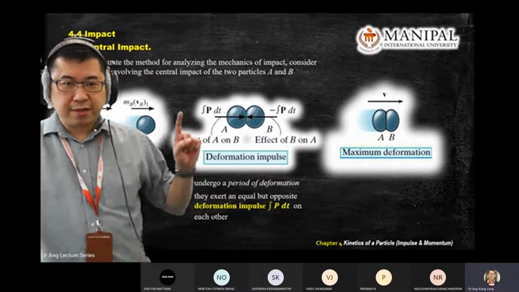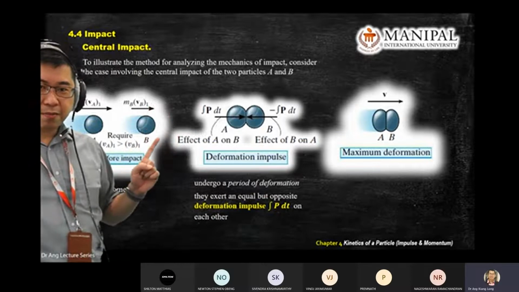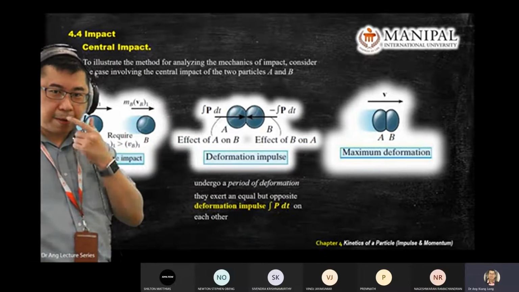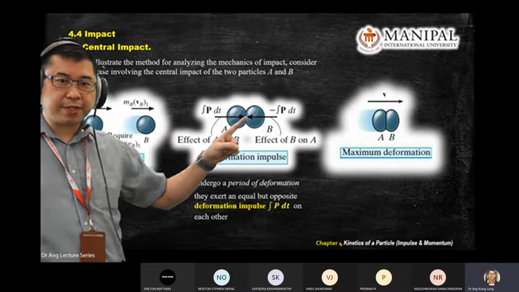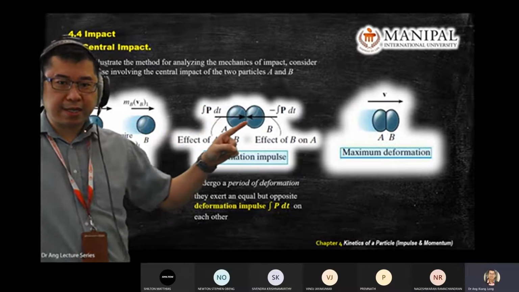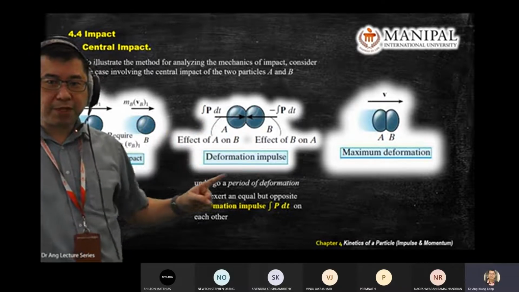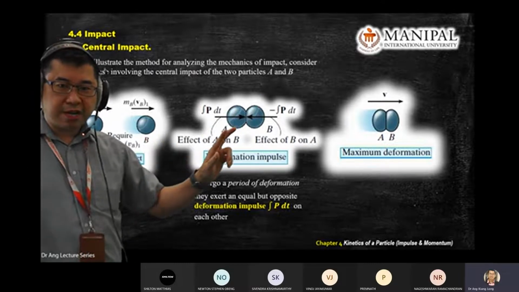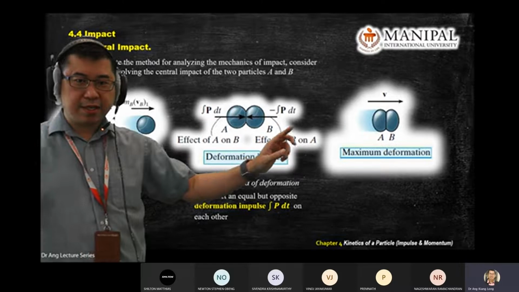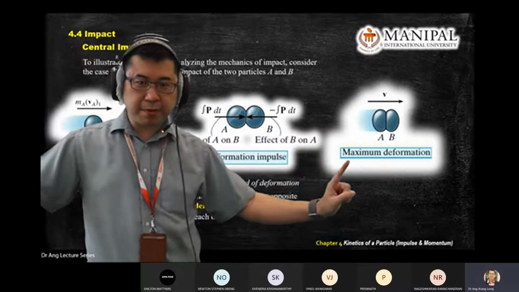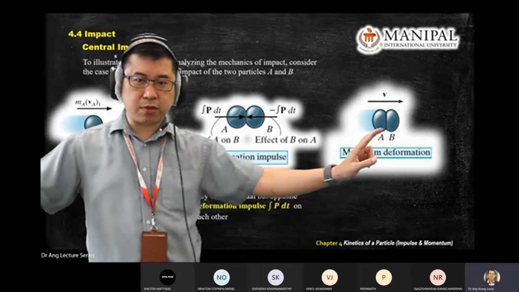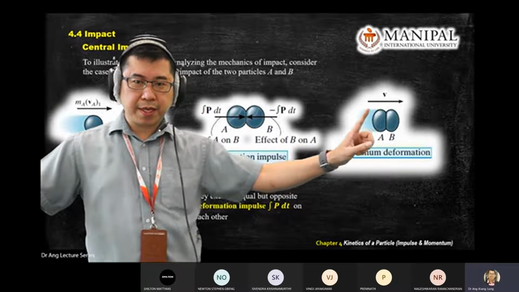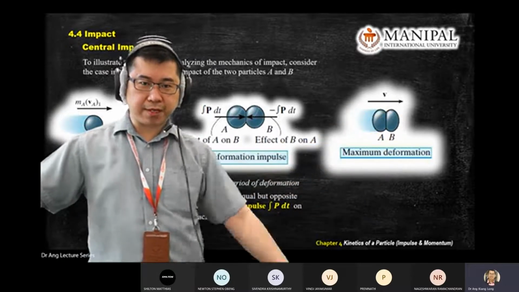Before collision, both objects move at different speeds. Then one object catches up with the other, and they experience deformation impulse. After they join together, they experience maximum deformation, where the two objects join together and move in the same direction.